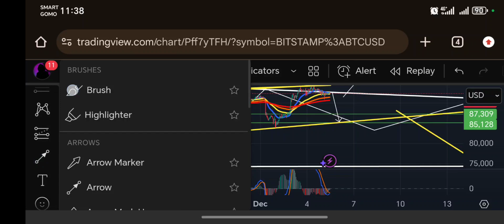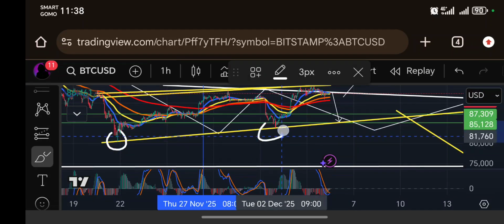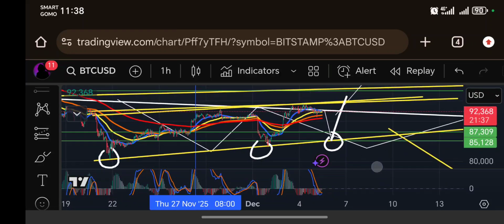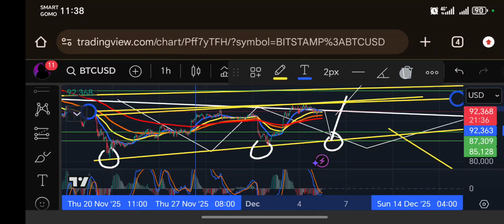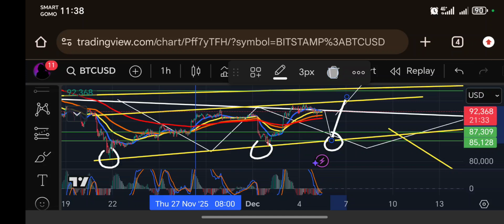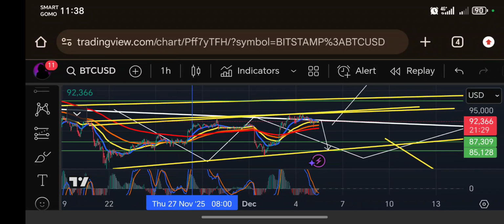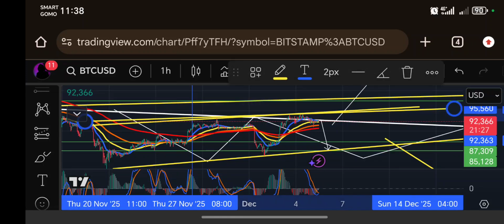I hope it holds the support, because we have nice supports in here. Then we bounce up here. So what's your first bounce there? Yep. Let me put something in here. Yep, this one is much better.